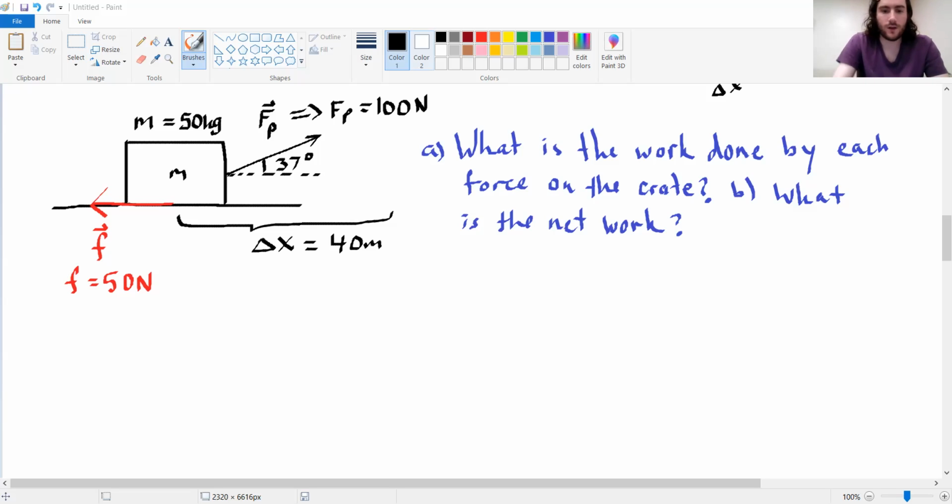Do we have the work done by the normal force? Okay. Anybody have the work done by the friction force?